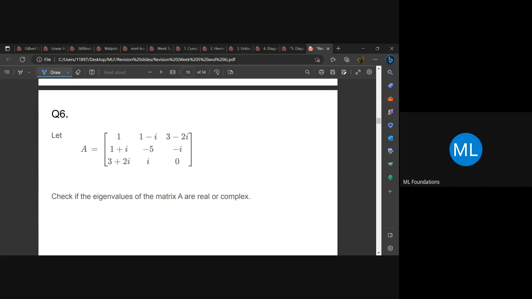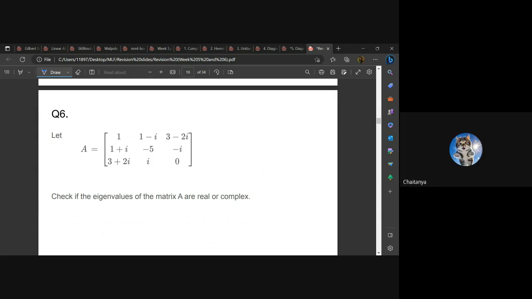So check if there is some pattern you can find, or some special kind of matrix. In this case, you see that this is a Hermitian matrix. In the case of Hermitian matrices, the eigenvalues are real, so you can directly say the eigenvalues are real.